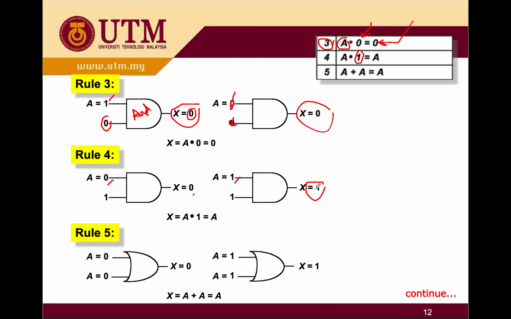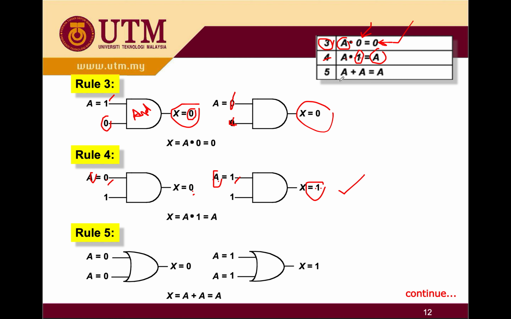So what we can conclude is it's similar to A. If A is 0, then the output is also 0. If A is 1, the output is 1. For this scenario, number 4. So I can conclude that whenever I have A dot 1, I get A equal to A. So I prove rule number 4.